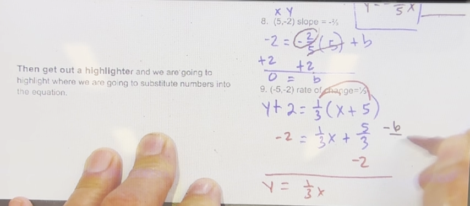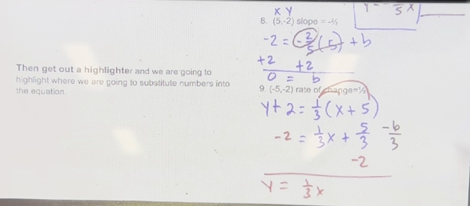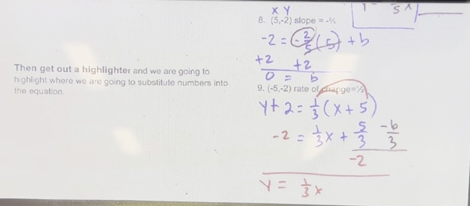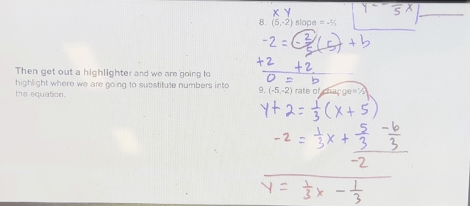So 6/3 would be, they'd have a common denominator. -6 divided by 3 is -2. So what is 5 minus 6? 1. So it'd be -1/3. So y equals 1/3 x minus 1/3.